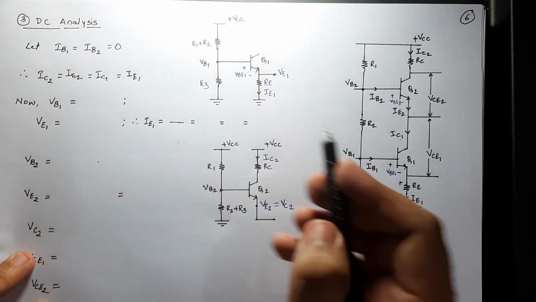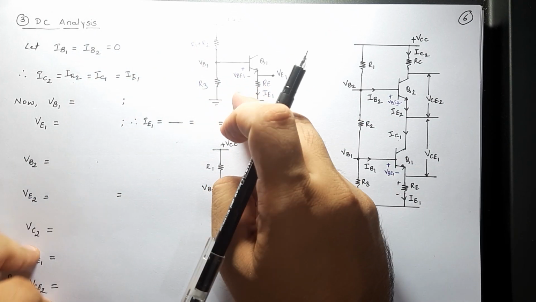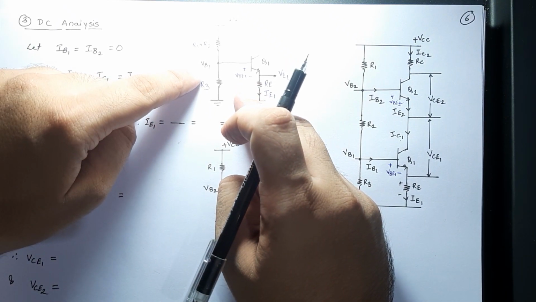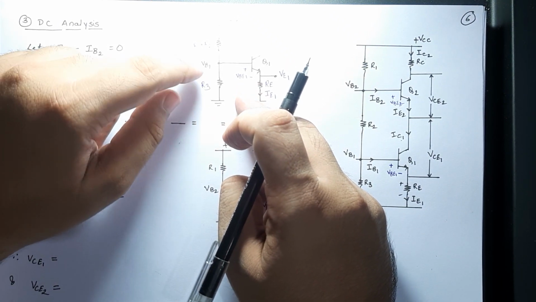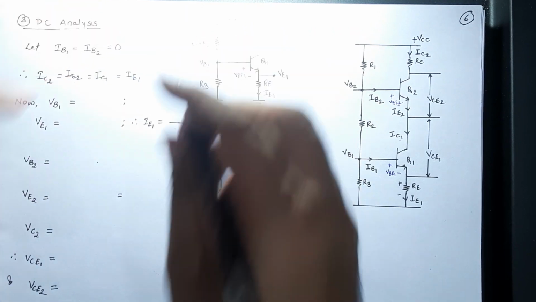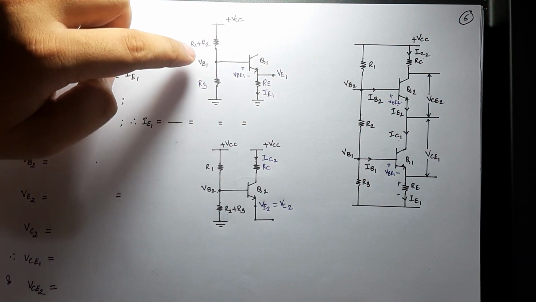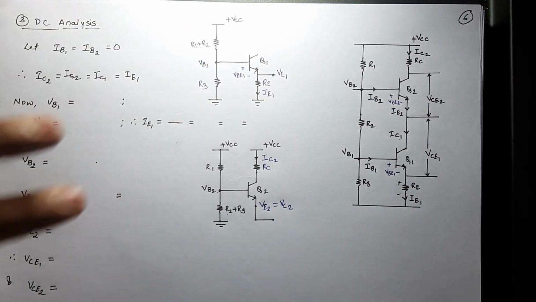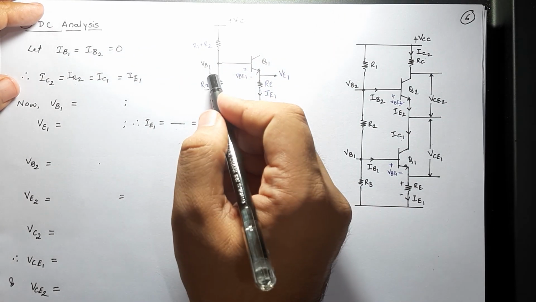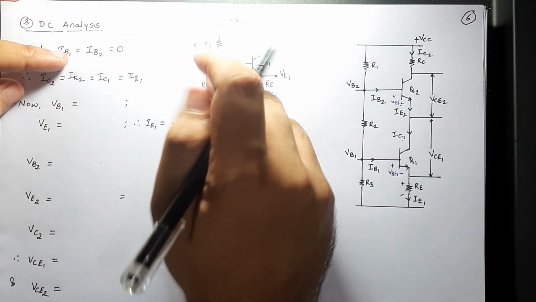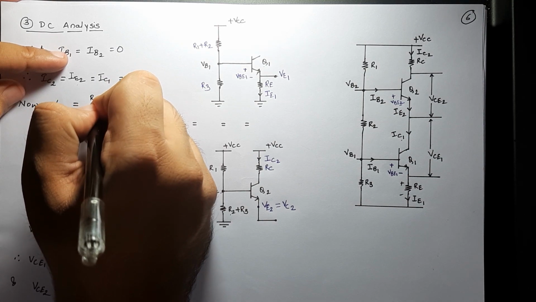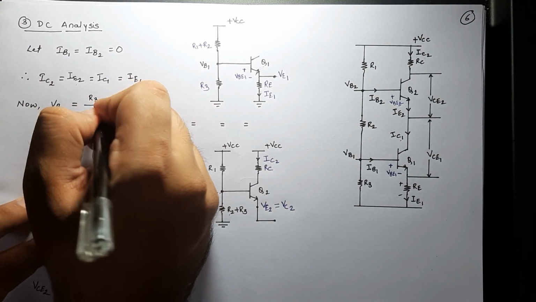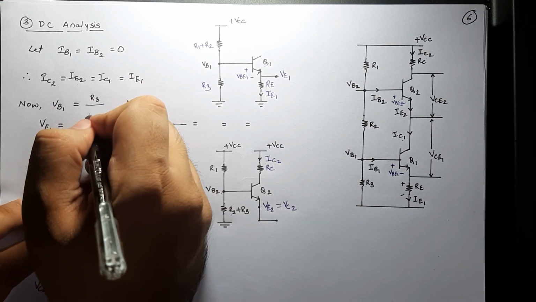Now if I come back to this diagram, if I want to find VB1 by the voltage divider rule, VB1 is the voltage between this point and this point. So by the voltage divider rule, we have VB1 as R3 upon RT.